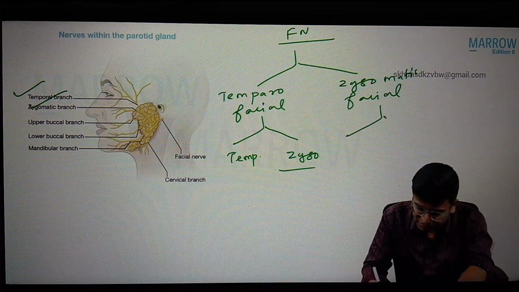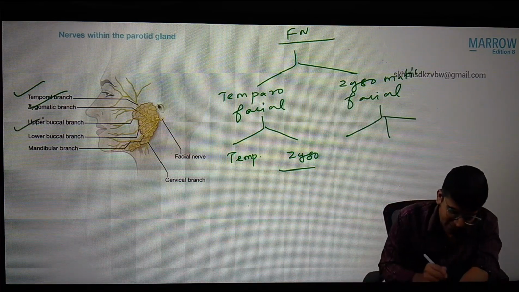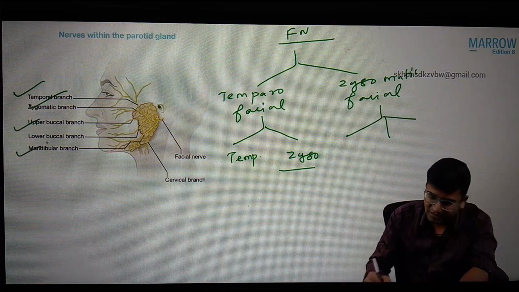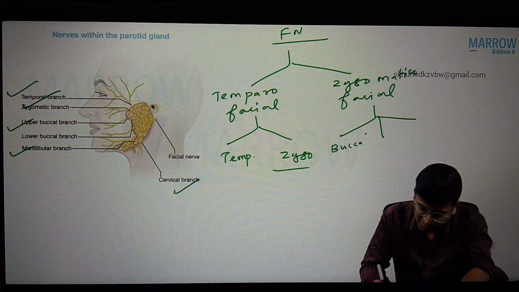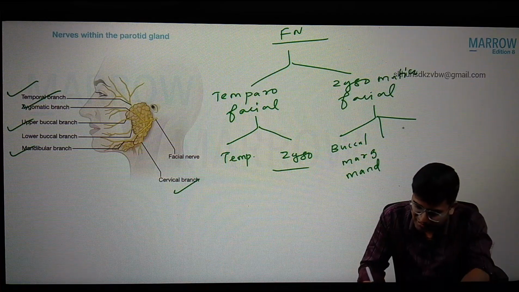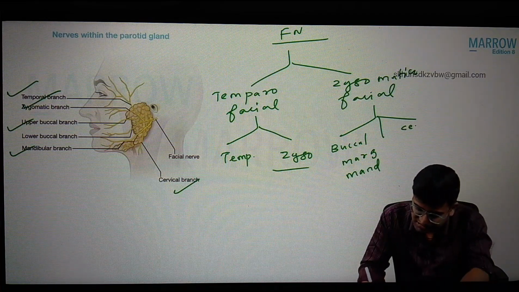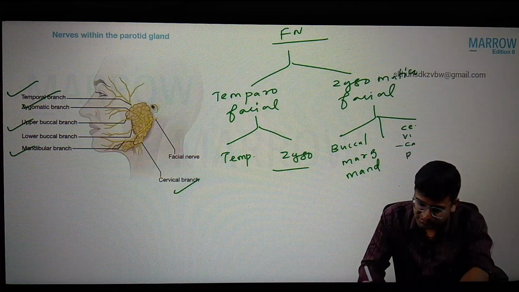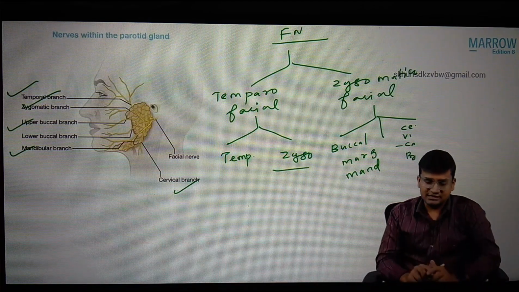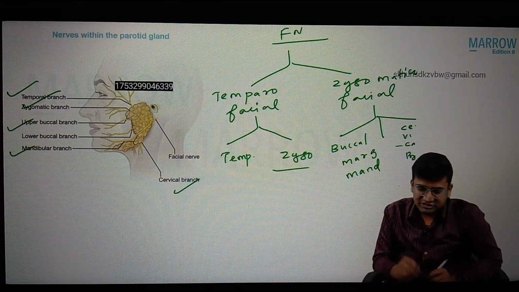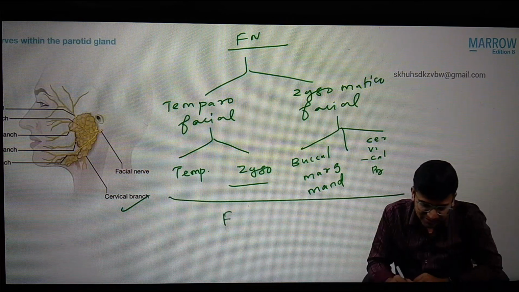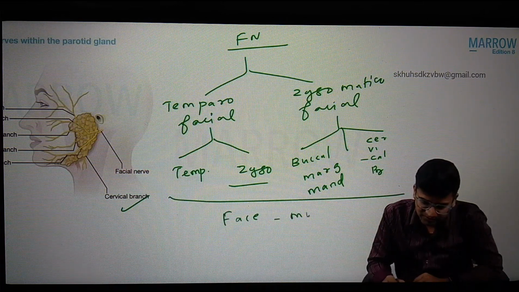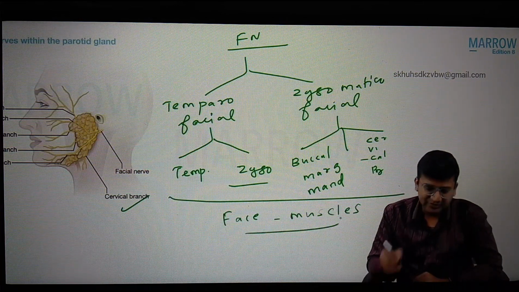And the zygomaticofacial in turn gives buccal branch, marginal mandibular branch, and cervical branch. Okay, right. So these are the terminal divisions of the facial nerve, and they are going to supply the muscles of face. Yes, I hope you know that.